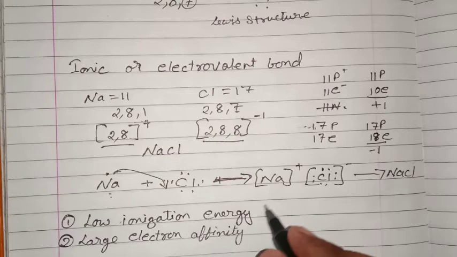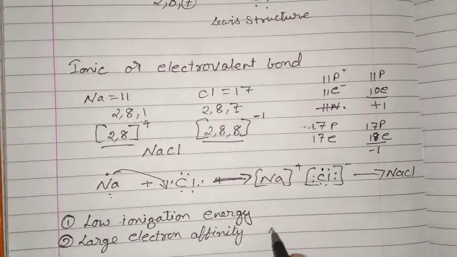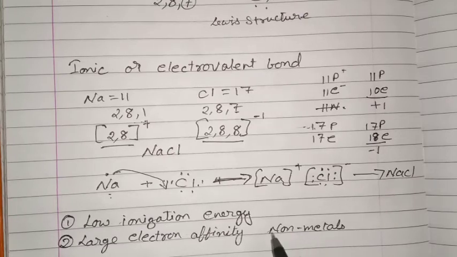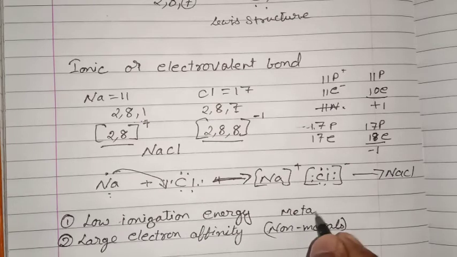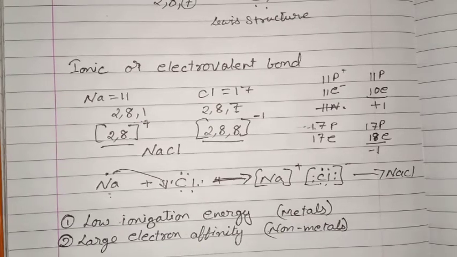So affinity would be large for non-metals, and ionization energy will be much less for metals.